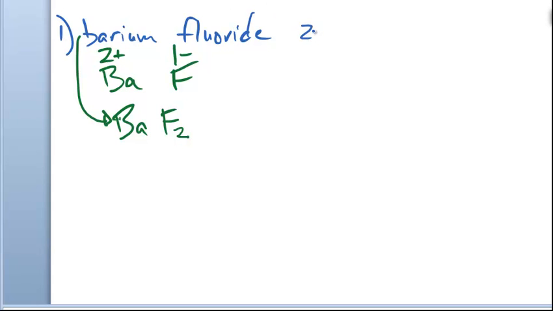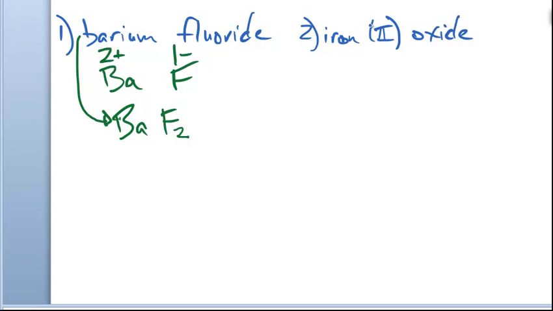All right, let's go over here and tackle number 2. This is iron 2 oxide. Okay, iron 2 oxide. Now, iron is a transition metal, and as is the case with a lot of transition metals, they can take on more than 1 charge, depending on what compound it's in.